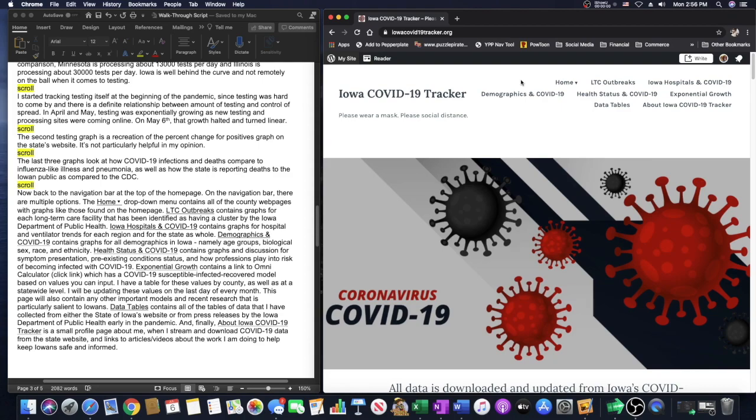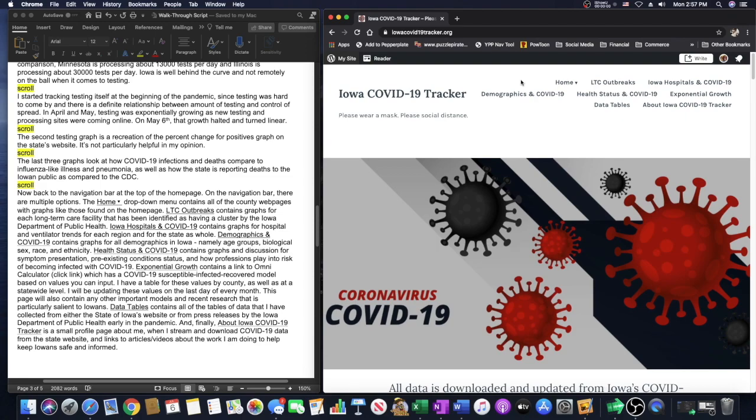Demographics and COVID-19 contains graphs for all the demographics in Iowa, namely age groups, biological sex, race, and ethnicity. Health status and COVID-19 contains graphs and discussion for symptom presentation, pre-existing condition status, and how professions play a risk of becoming infected with COVID-19.